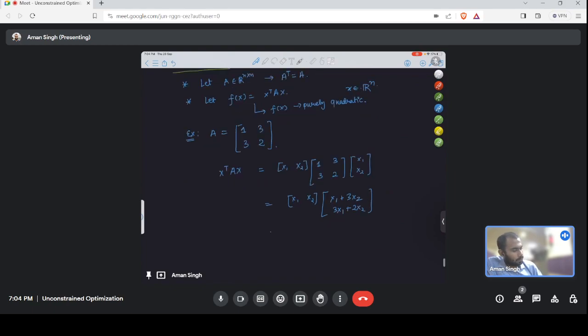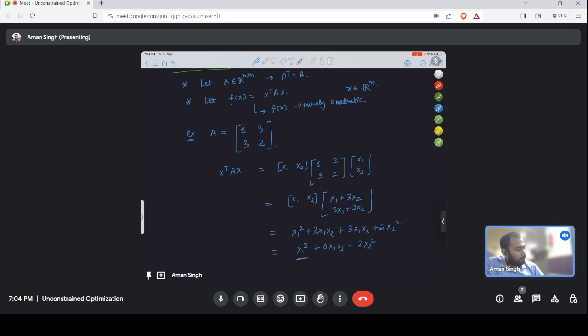If we further multiply, we get a scalar: x1 square plus 3x1x2 plus 3x1x2 plus 2x2 square, which means x1 square plus 6x1x2 plus 2x2 square.